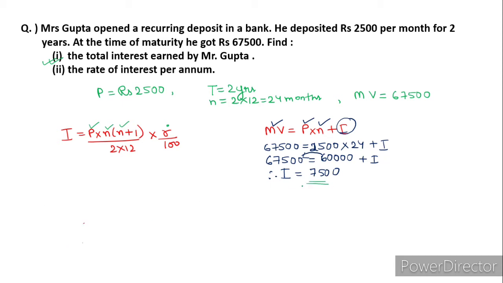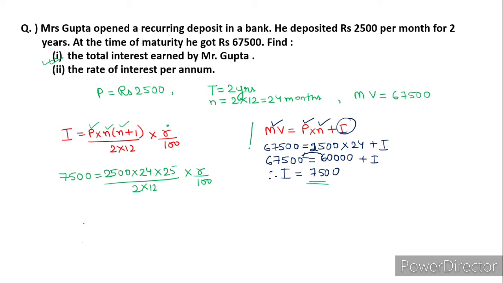Now you have the value of I, interest. You can put this value here in the first expression. I, you got 7,500, P is 2,500, N is 24, into 24 plus 1 is 25 by 2 into 12 into R by 100. Now solve this part.